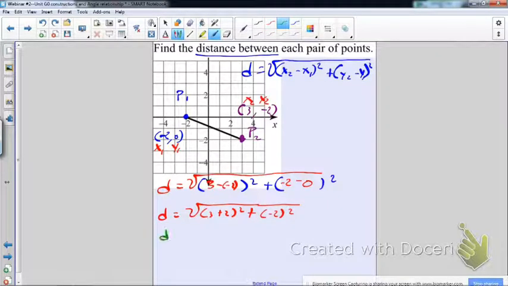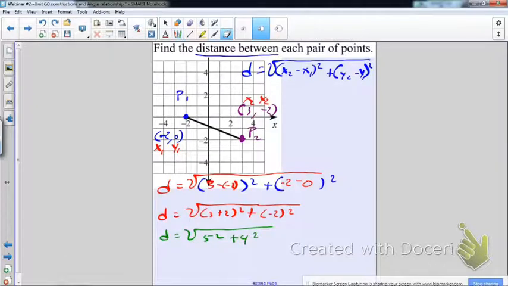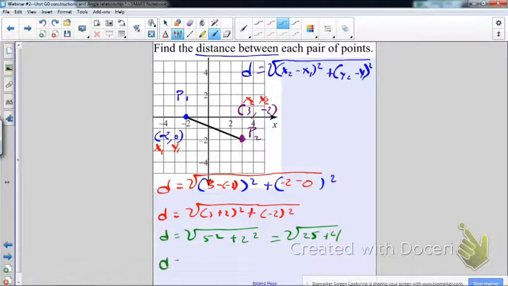So now we have d is equal to the square root of 5 squared plus 2 squared, which gives me the square root of 25 plus 4. So now I have d is equal to the square root of 29.